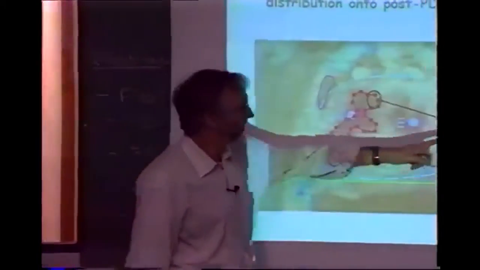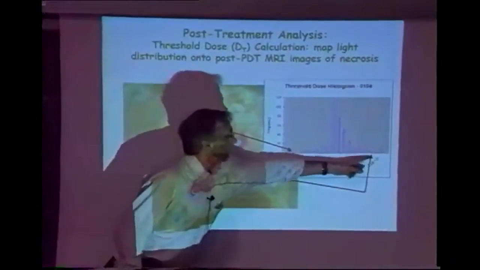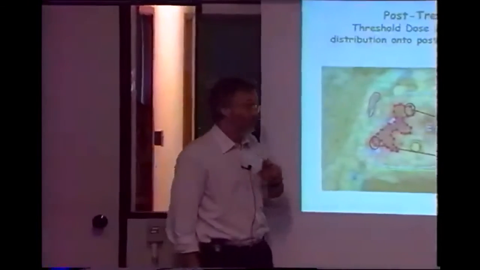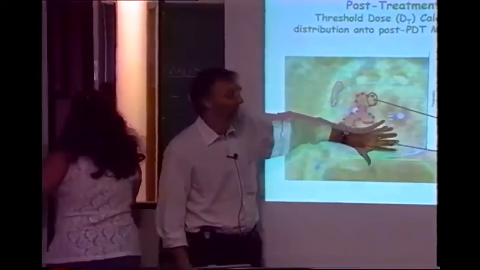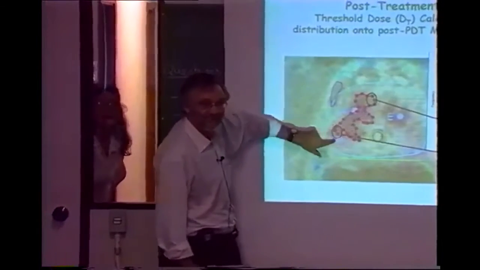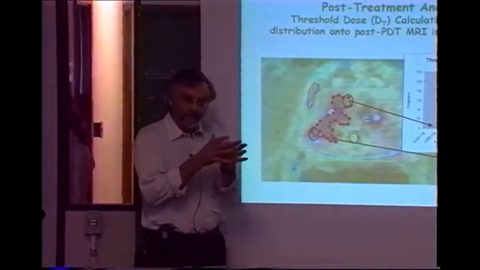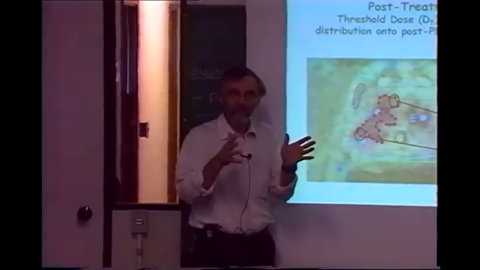And then if you plot the PDT threshold distribution, you find it varies by 100. So within this single organ, it is true that there is a threshold value, but in fact the threshold varies by a factor of 10 or a factor of 100.